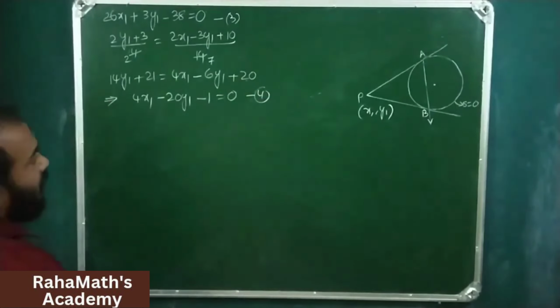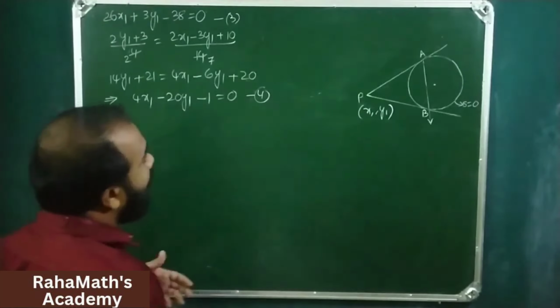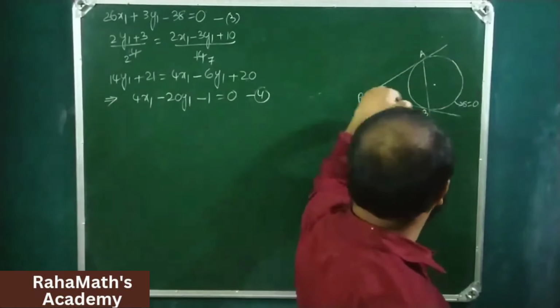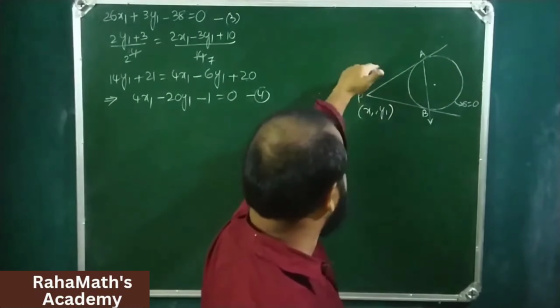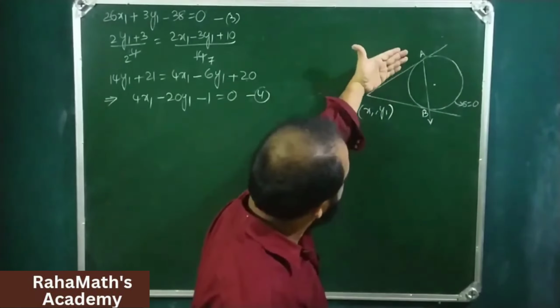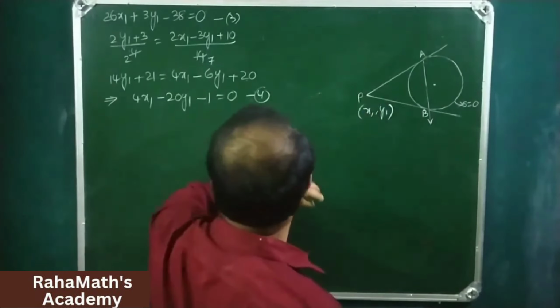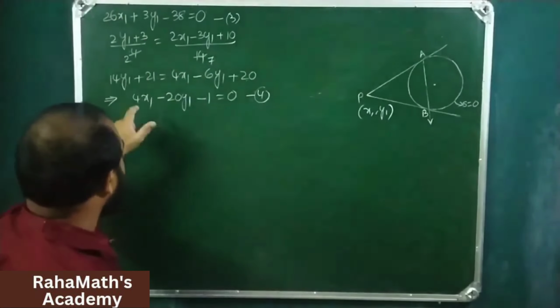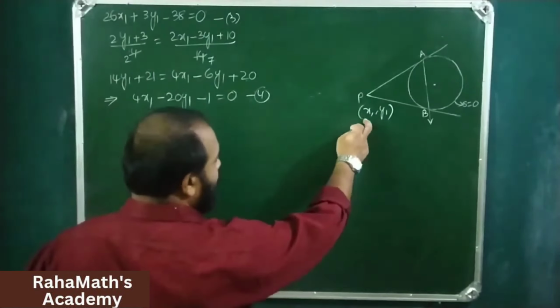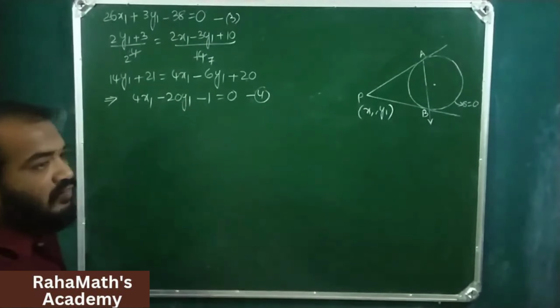So this is one straight line and this is one straight line. These two tangents we are getting. So solving these two, we will be getting P. So solving these two, we will be getting x1, y1. What is this x1, y1? This is P. That is what we are required to find.